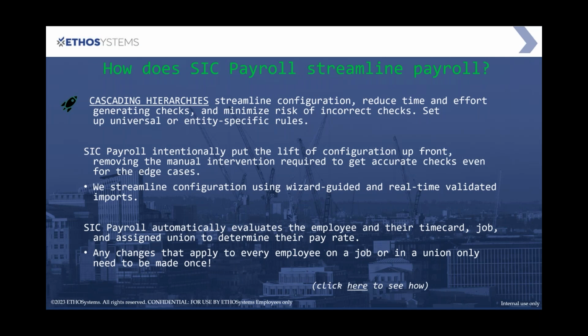So as the users are bringing data into the system, they can do it manually if it's a handful of records. If we're talking 50, 100, 500 records, we have imports that will validate the information, make sure that we're not bringing bad data into the system that would impact the check calculation.